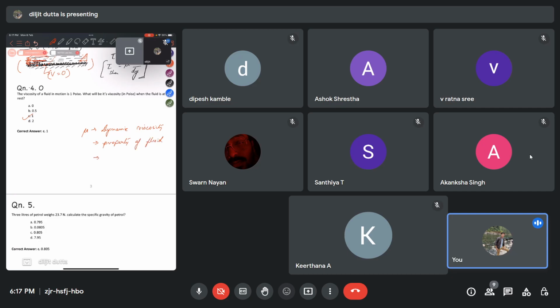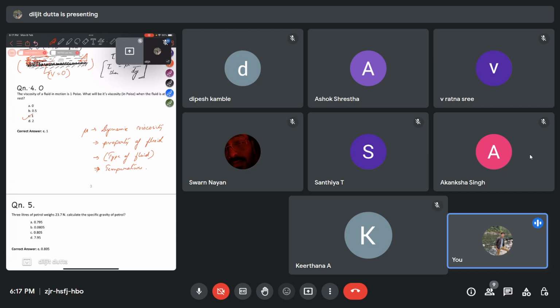And this depends on the type of the fluid, and also it depends on the temperature. So there are two things.